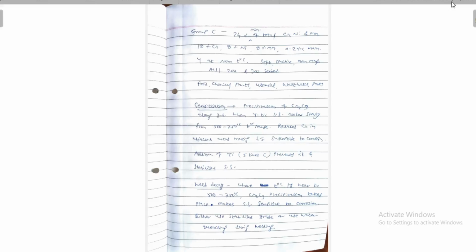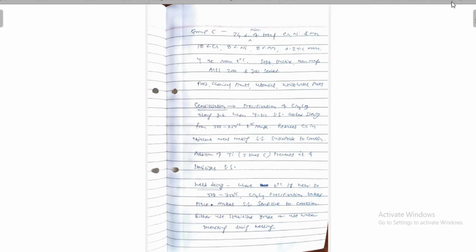Same kind of problem we may face during the time of welding. If you are going to weld austenitic stainless steel, then the same kind of problem you may face. During the time of welding, wherever the temperature is up to its melting point, there is no problem.